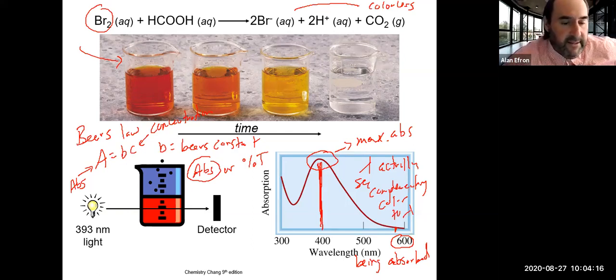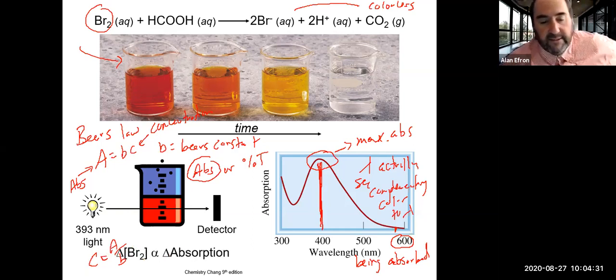So we could use something like Beer's law here. Again, we could rearrange it, and if we rearrange it, we could solve for concentration: it is the absorbance divided by Beer's constant. So this is a very simple way to follow what's happening with the concentrations, by following the change in absorbance, because we can relate it back.